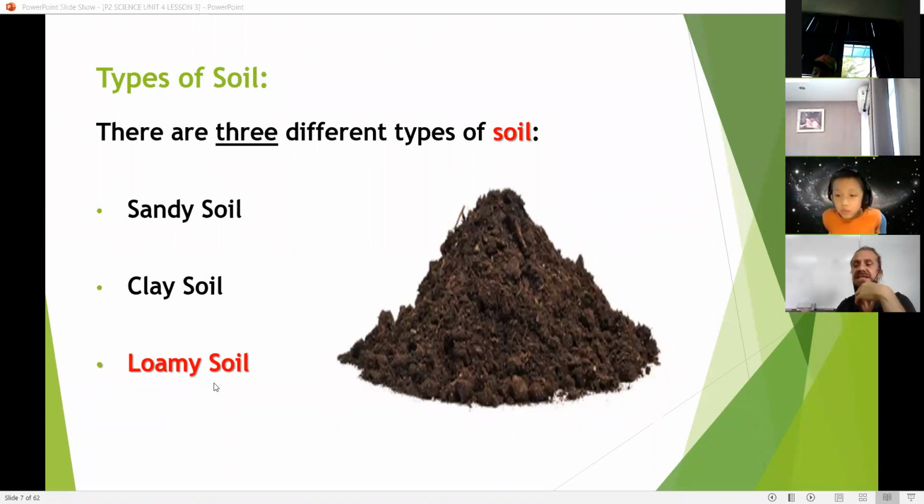Yes, this is loamy soil. Everybody, loamy soil.